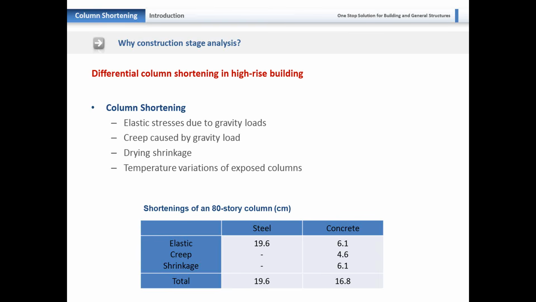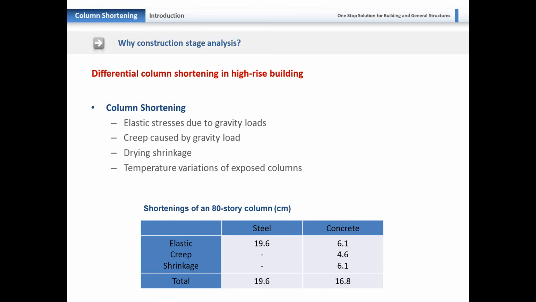The table at the bottom of the slide shows a comparison between the shortenings of an 80-story column. As you can see, for steel buildings, we will not have creep or shrinkage, therefore only elastic shortening need be considered. Whereas for concrete buildings, we'll have elastic shortening as well as shortening from creep and shrinkage, which together is sometimes referred to as inelastic column shortening.